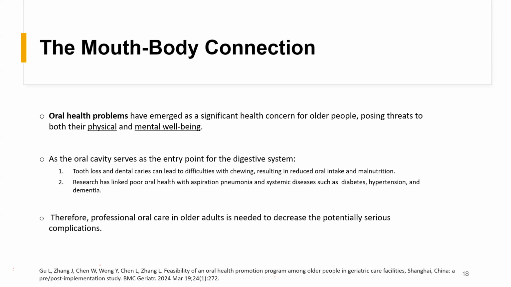This will affect the general health of the patient. Also, research linked poor oral hygiene with the occurrence of aspiration pneumonia and multiple other systemic diseases such as diabetes, hypertension, and dementia. Therefore, to reduce the risk of serious complications, older adults always need professional dental care. Okay.